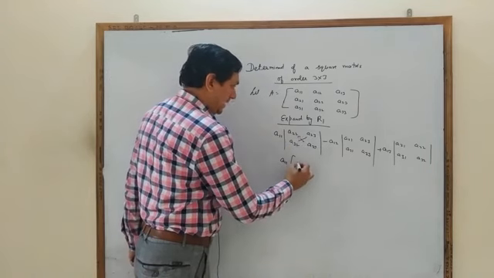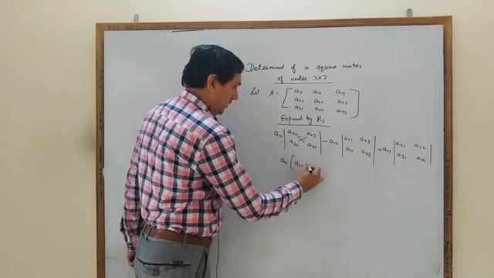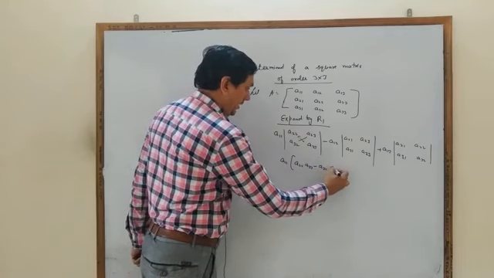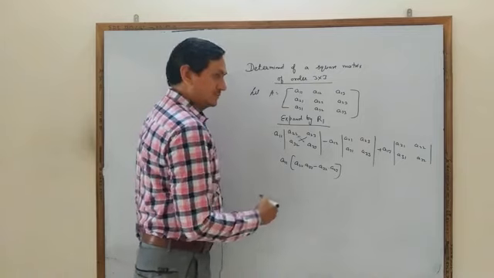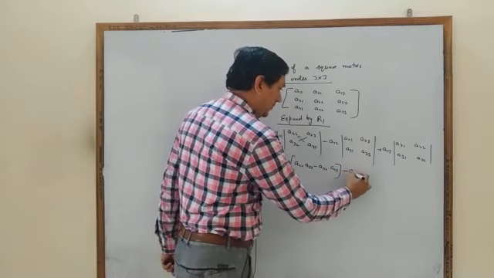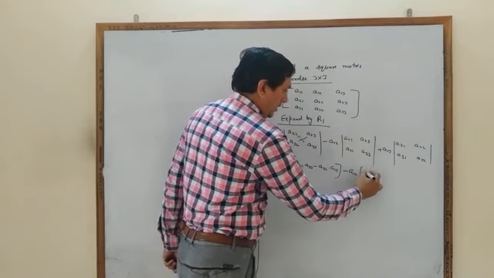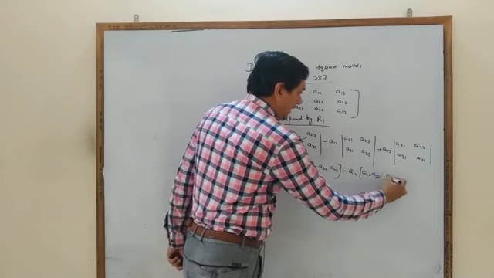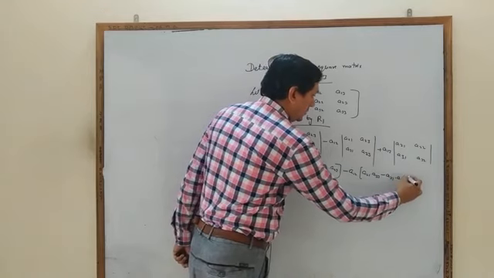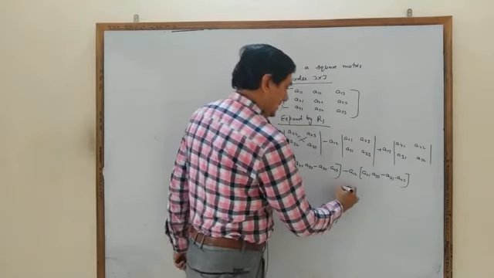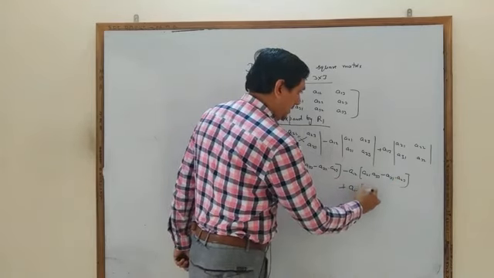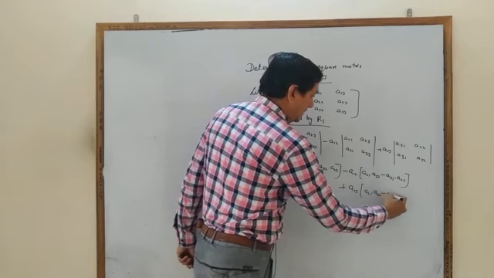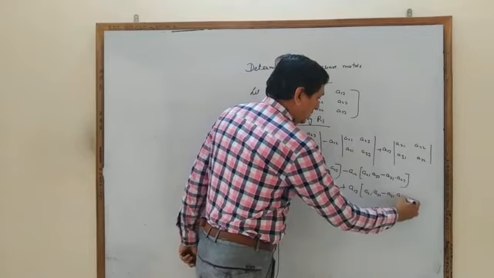Just like that, A11 into (A22 into A33 minus A32 into A23), minus A12 into (A21 into A33 minus A31 into A23), plus A13 into (A21 into A32 minus A31 into A22).